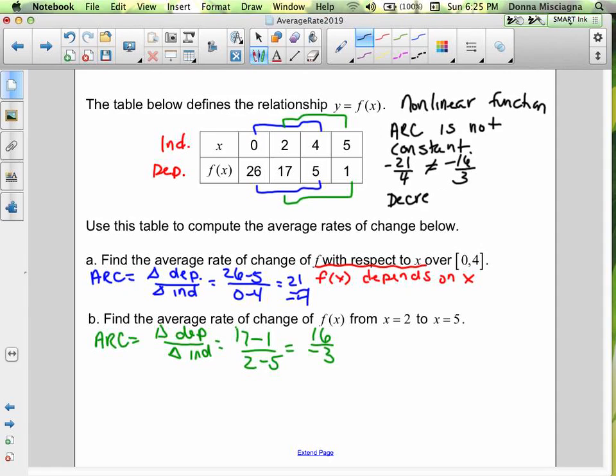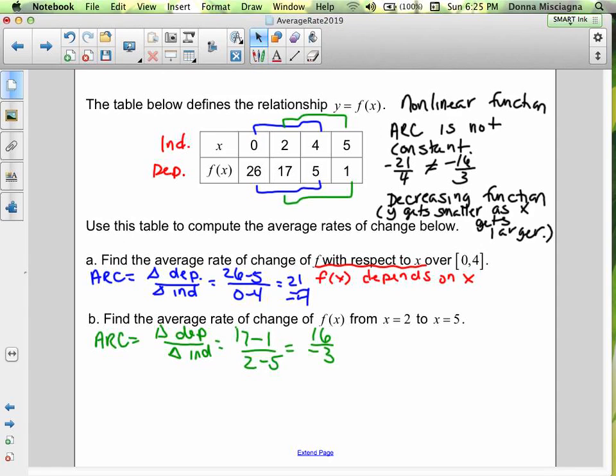This is a decreasing function. And that just means y gets smaller as x gets larger. All right. So there we go. We found the average rate of change for two different points for this particular function.